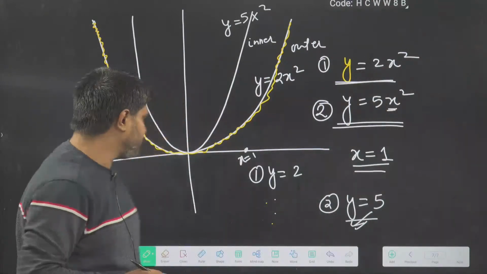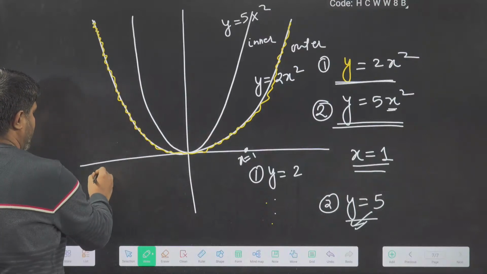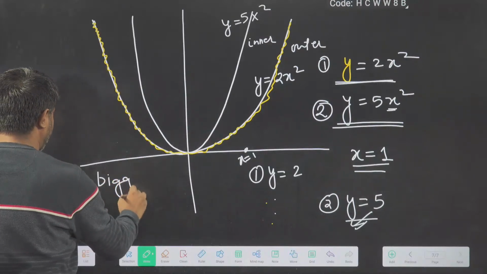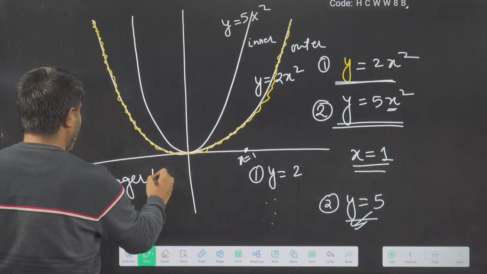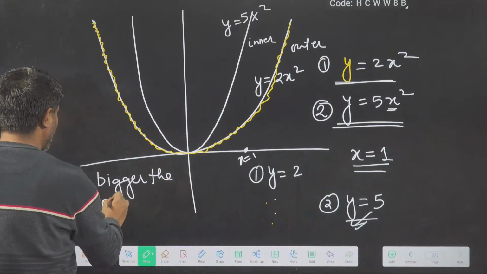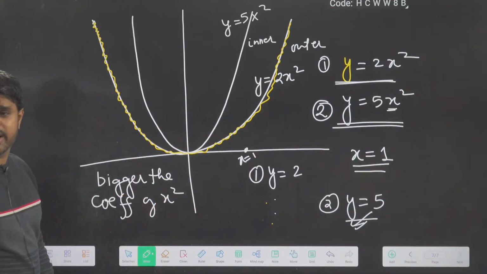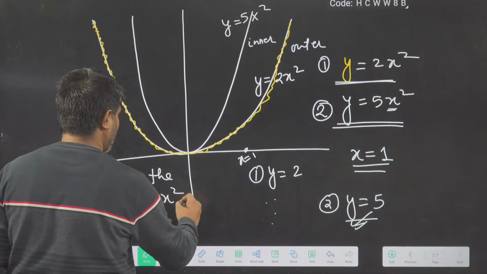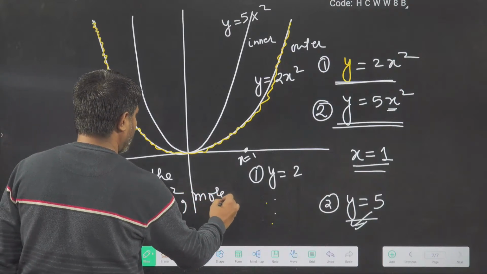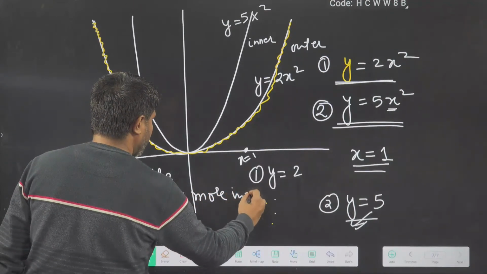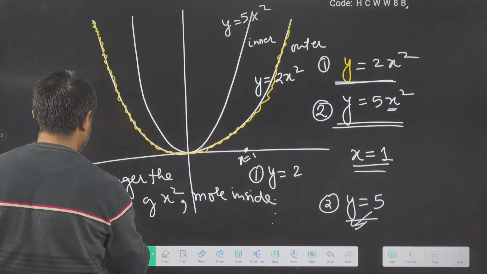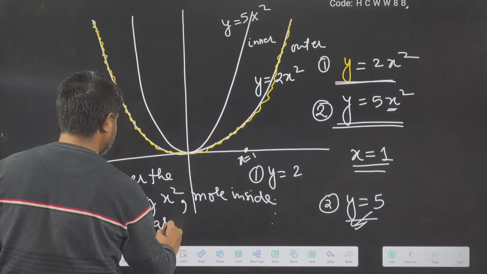So I am writing: bigger the coefficient of x square, more inside the parabola is.